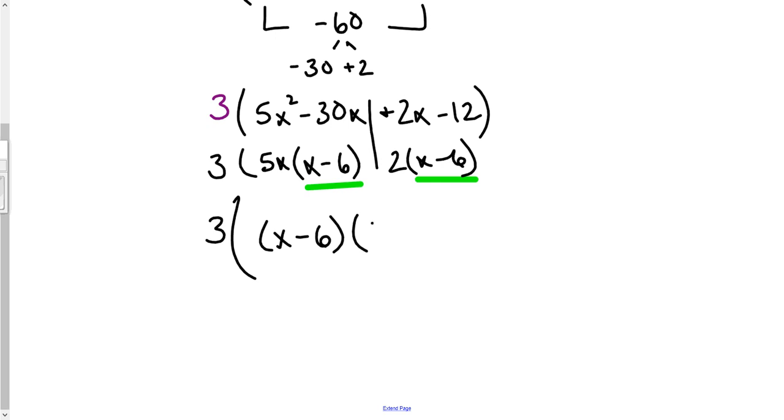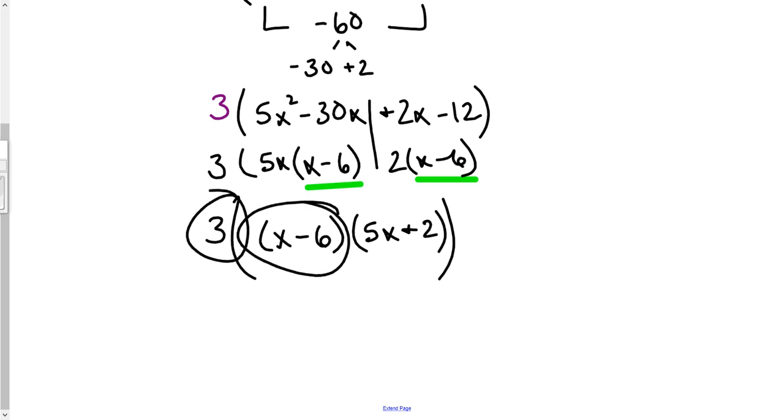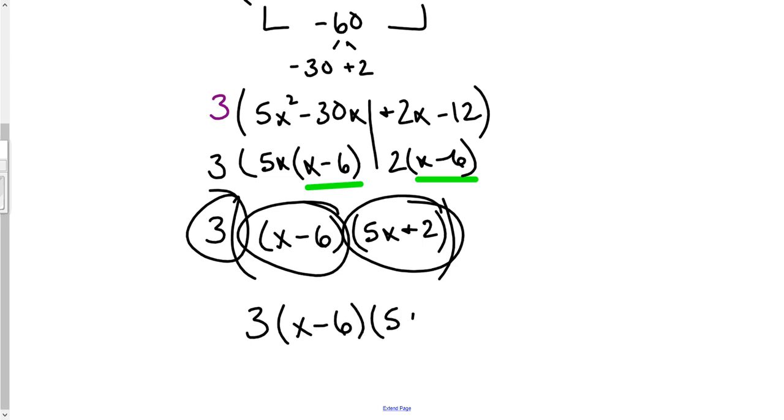Well, 5x and plus 2. And then we could close all of that. But really what we should be doing here is just saying that the 3 itself is a factor, the x minus 6 is a factor, and the 5x plus 2 is a factor. So this could really be written as 3 times x minus 6 times 5x plus 2.